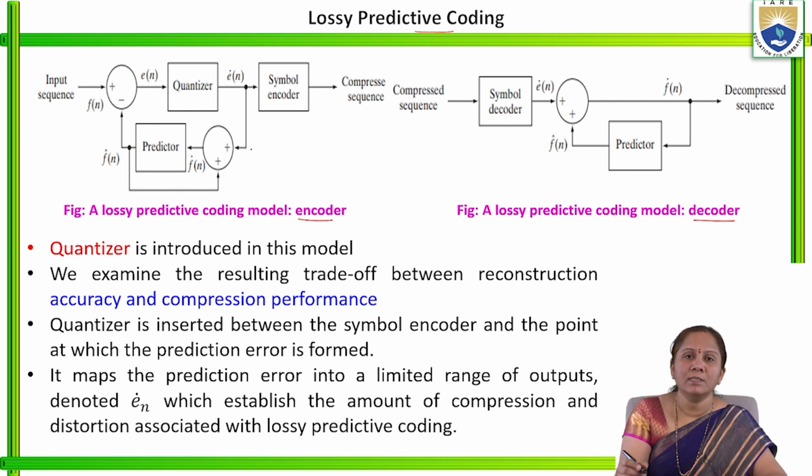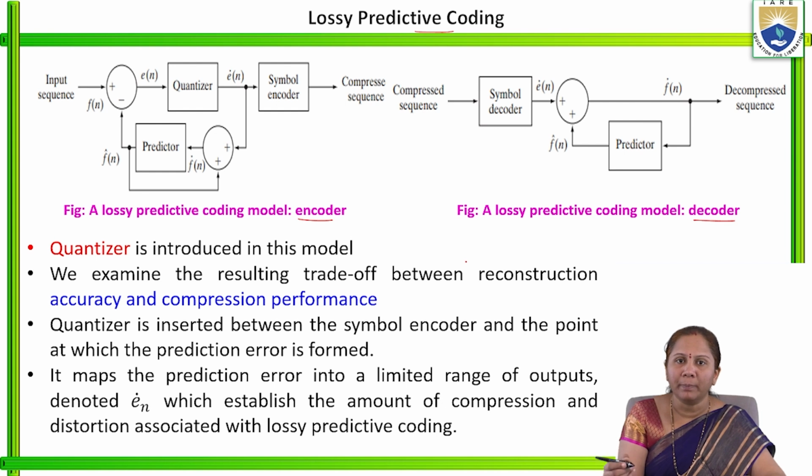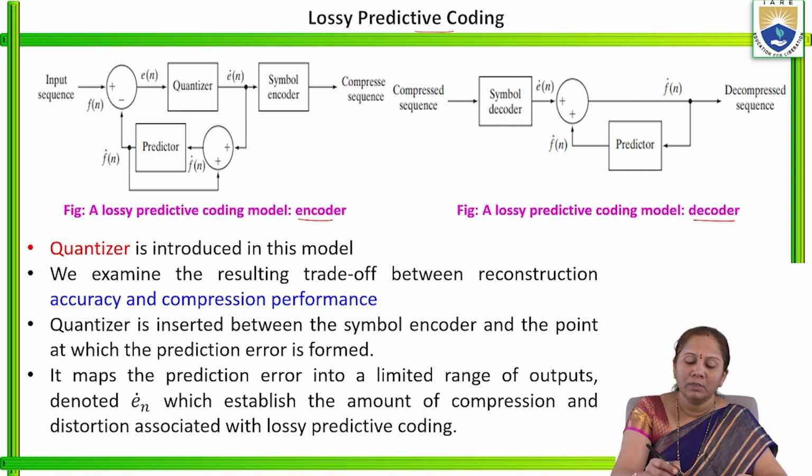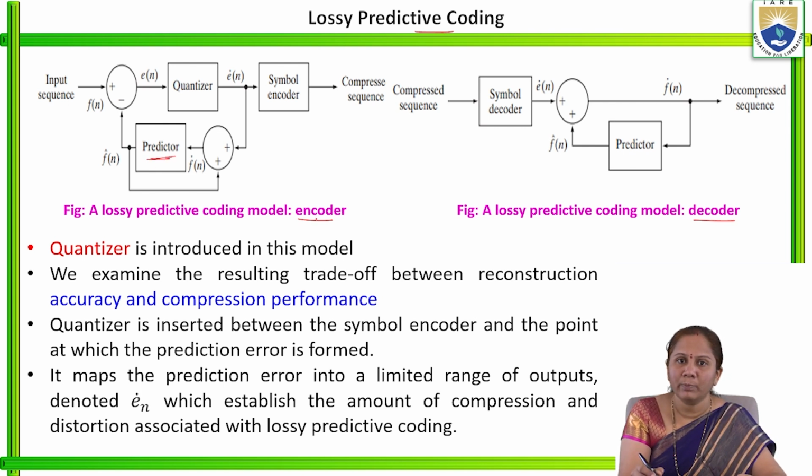Using the encoder part, the compression of the image will be done, and using the decoder part, decompression will be done. Here we can see the block which is the predictor. We have discussed predictive coding. The same type of predictor is also available at the decoder side.